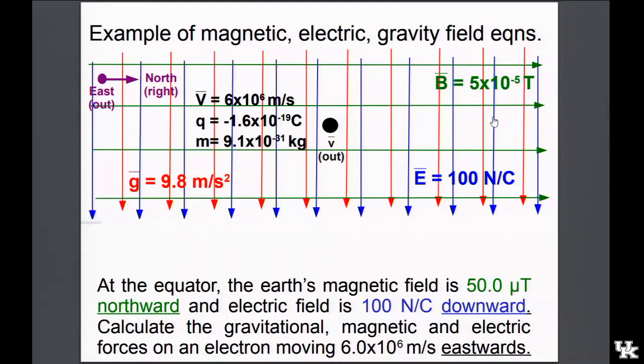Its speed is 6 million meters per second, and here's its charge, and here's its mass. In this sketch are all the ingredients that we need to solve the gravitational, the electric, and the magnetic forces.